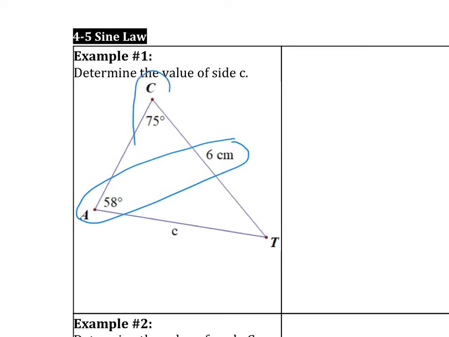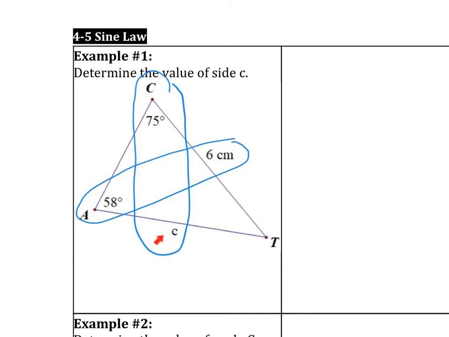So that is our other set we're going to be using. As well, what you are solving for, which in this case is the value of side c, you need to know the opposite piece of information. So if you do not have a matching set of knowing an angle and its opposite side, or if what you are solving for, you do not have the opposite piece of information, then you cannot use the sine law.